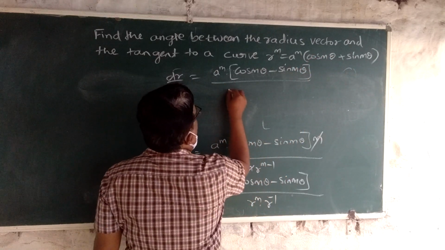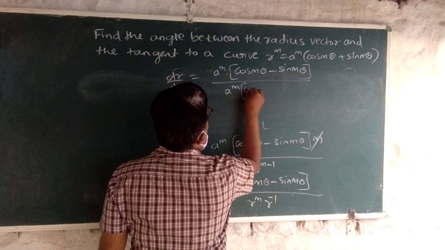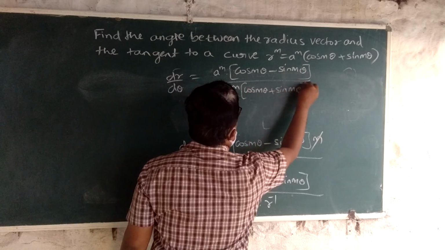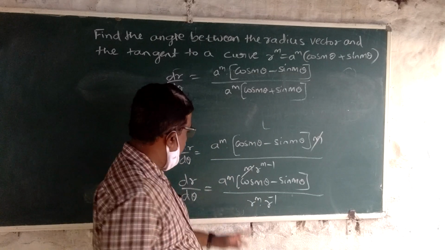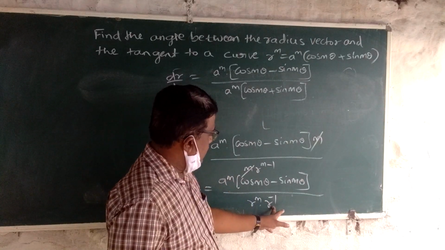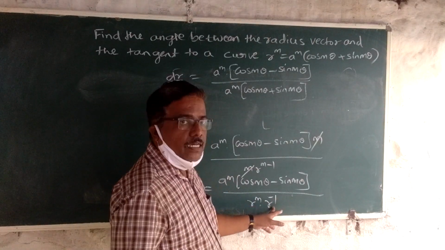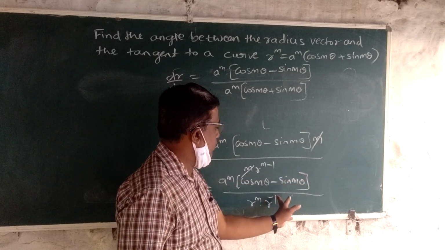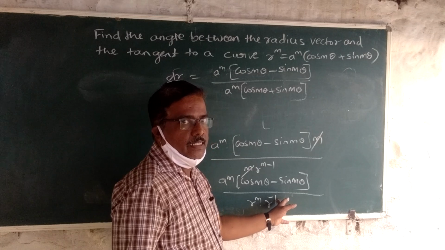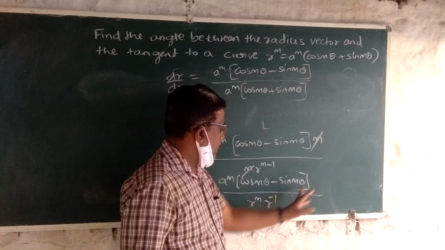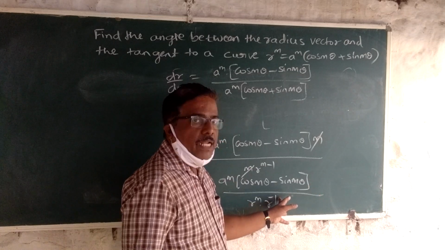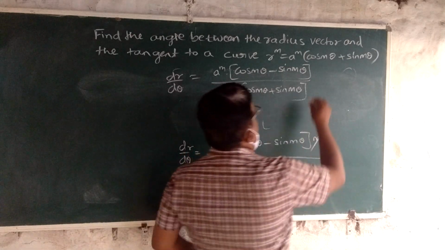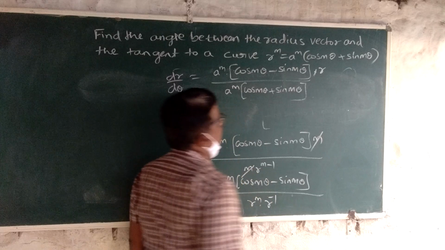So I write here a^m (cos m theta plus sin m theta). Now this r^(-1), by the laws of indices, if it comes in the numerator, becomes r^(+1), or in other words only r. So this is into r.